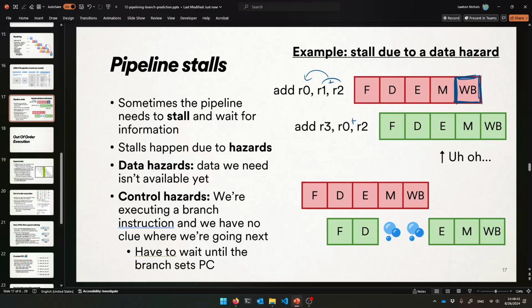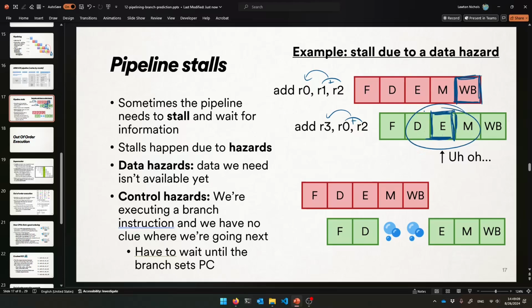Because it's trying to use R0 and add the answer into R3. So this instruction needs this value for R0. This value for R0 is only set here, but we need it here. That's the execute stage, right? We need to do the addition here. So I'm trying to use a value before I have it. This is impossible, all right? So we cannot do it like this.